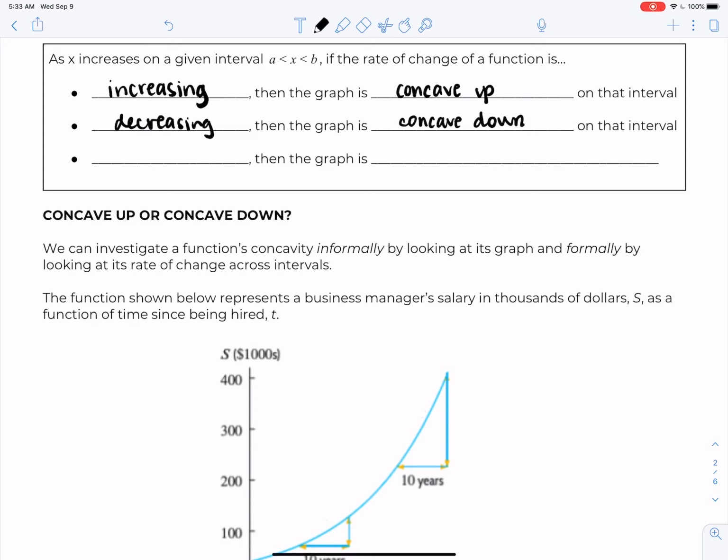And then if it's neither increasing or decreasing, if the rate of change of the function is constant, then the graph is neither concave up or down.